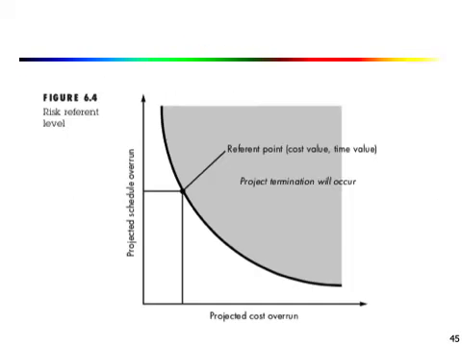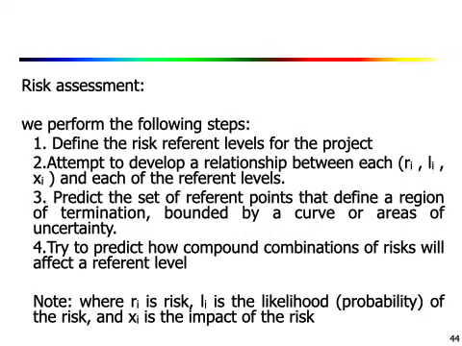So similarly you are going to develop a curve. You are going to predict a set of reference points that define a region of termination. Then finally you try to predict how compound combinations of risk will affect a reference level. Okay. That is risk assessment.